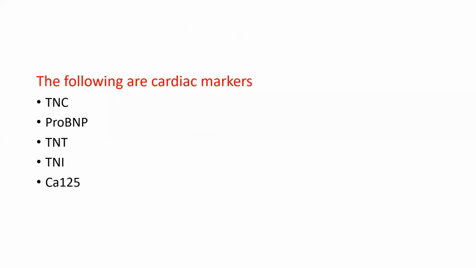Now the question is, the following are cardiac markers. I assure you we are about to finish. The following are cardiac markers: troponin C, pro-BNP, troponin T, troponin I, CA125. So say yes or no. Troponin C, yes or no? Is it a cardiac marker?